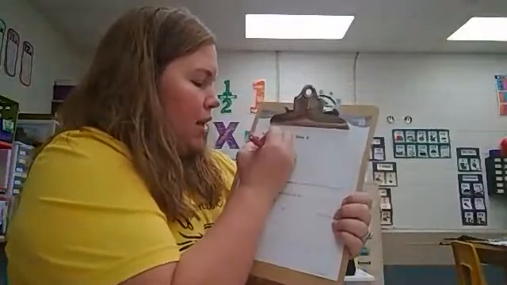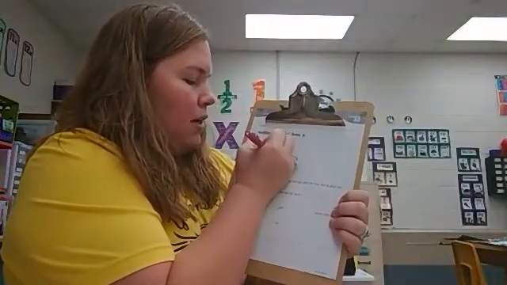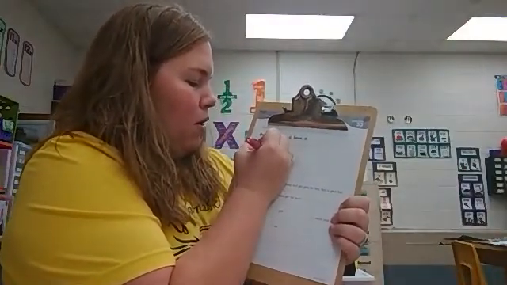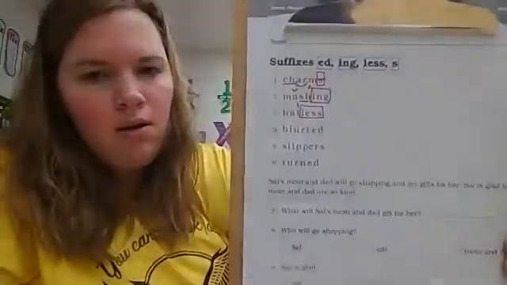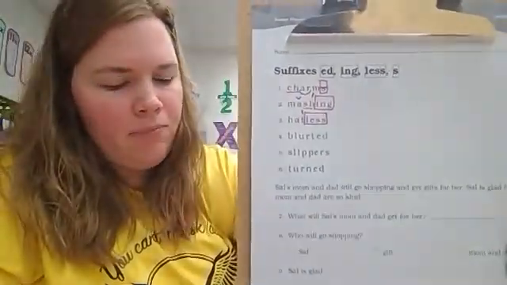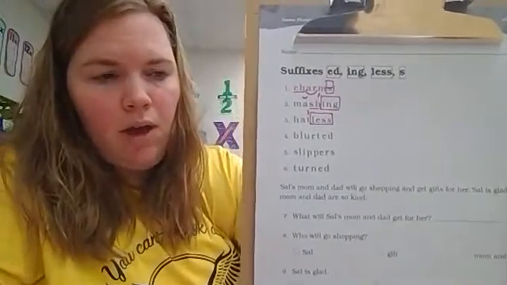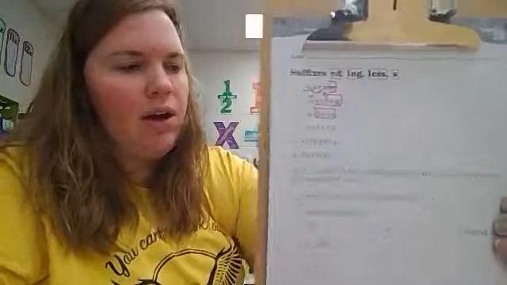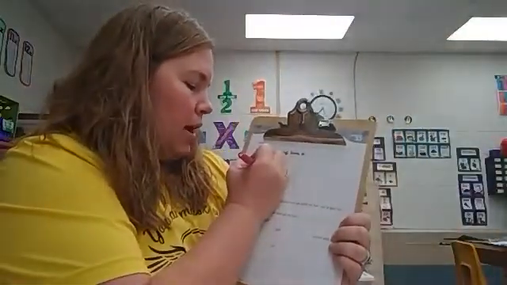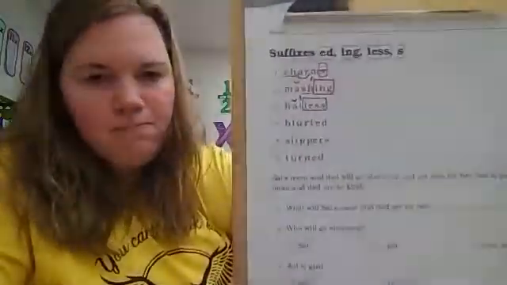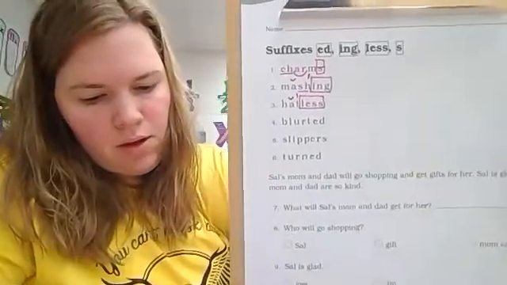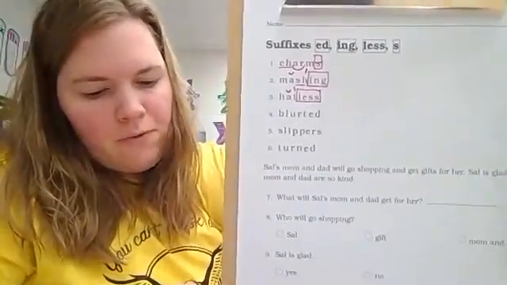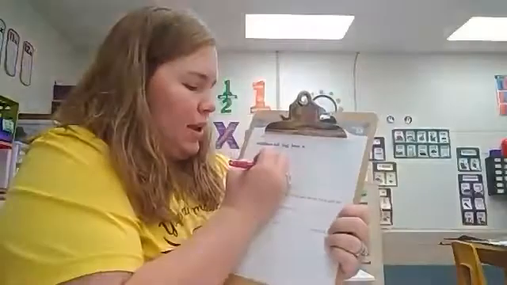Number 3, I see suffix less. That does have a vowel sound, so we will add an accent mark before the box. What is the root word of number 3? Hat. Very good. We need a breve above the A. Number 4, I see suffix ed.